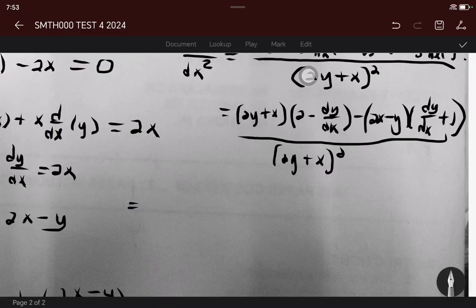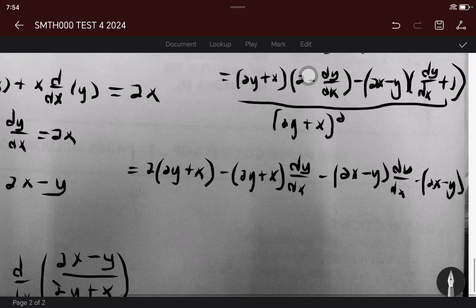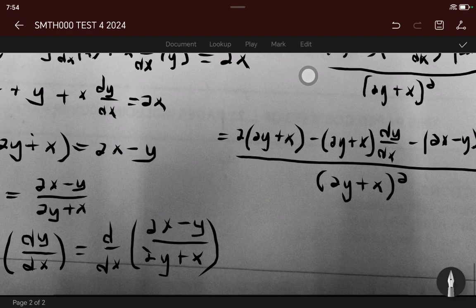So if I multiply through this will just be 2 times 2y plus x, minus 2y plus x dy over dx, minus 2x minus y dy over dx, minus 2x minus y, and then all over 2y plus x squared.